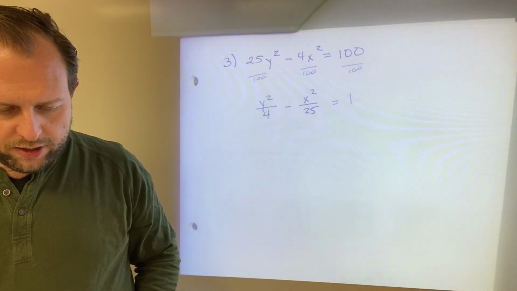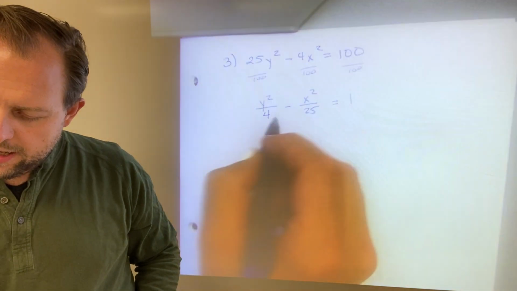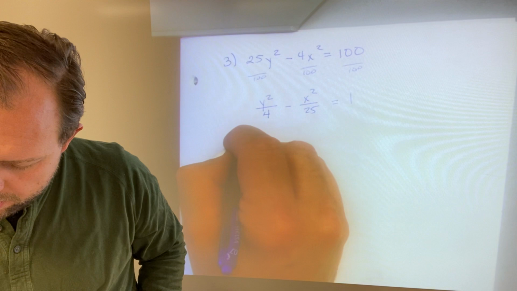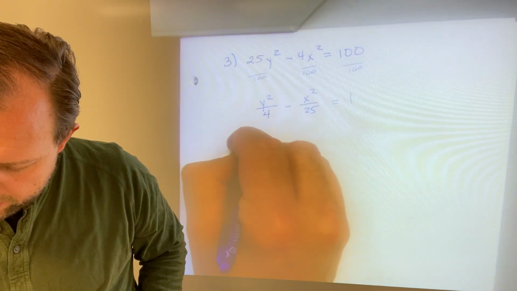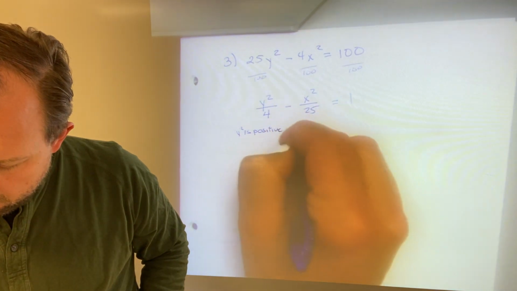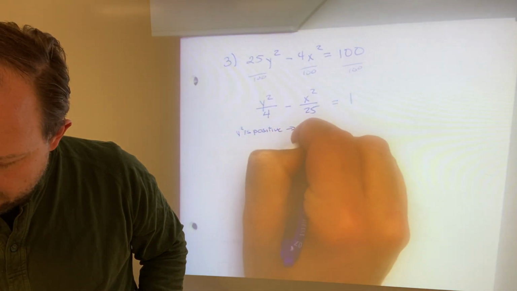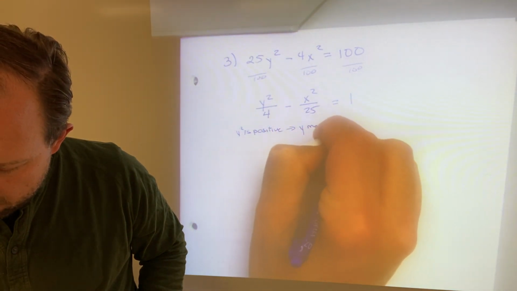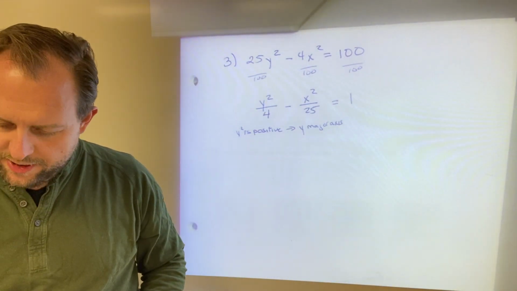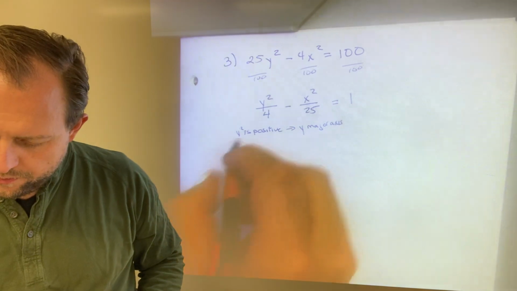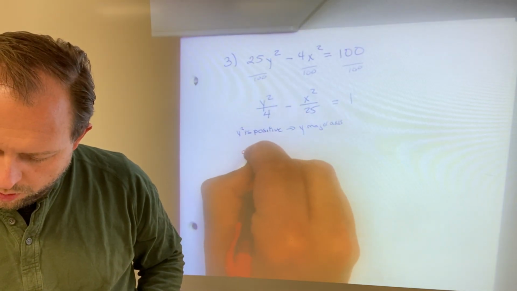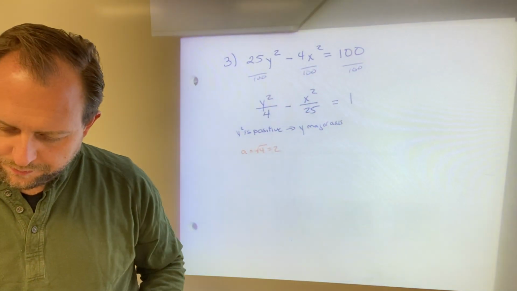Now we can find all of our pieces. In this case, y is positive, so the y squared is positive. Therefore, we have y as the major axis. We have an a value, the square root of 4, which is 2.